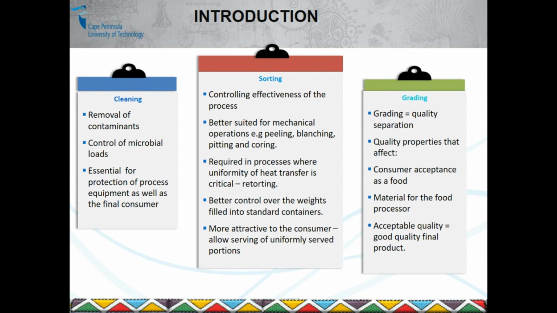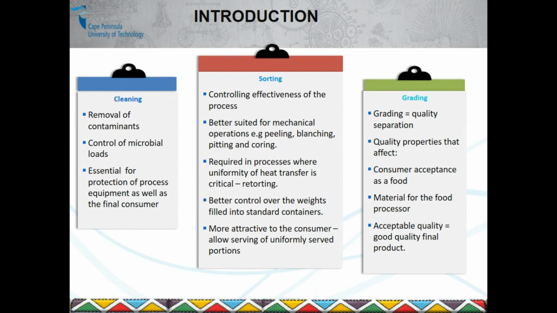Also, consumers prefer raw materials that are uniform in size when they buy products. This is important, especially in the case of peas, right? So you want to have peas that have uniform size.